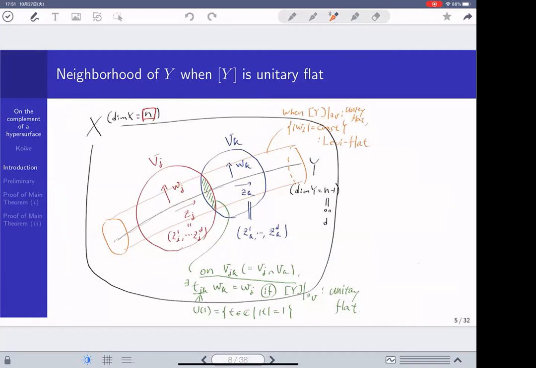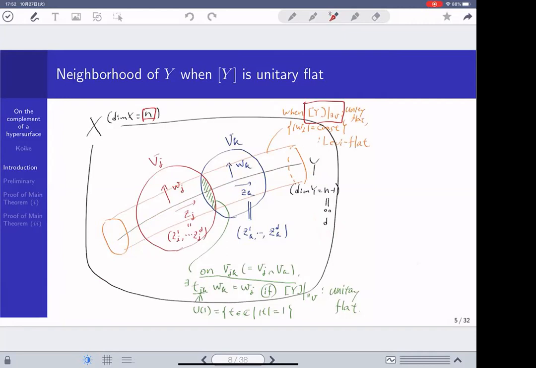We will denote by D the dimension of Y. So D is equal to n minus 1 because Y is a hypersurface. Assume that Y restricted to a neighborhood of Y is unitary flat.